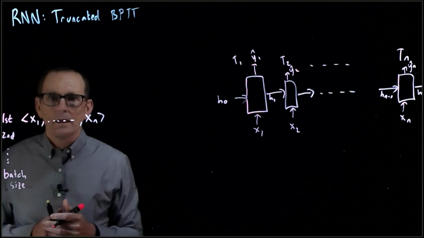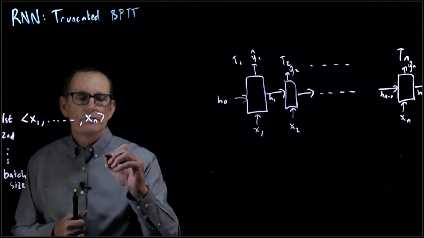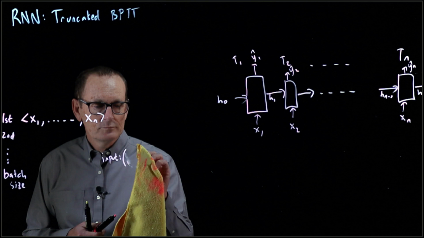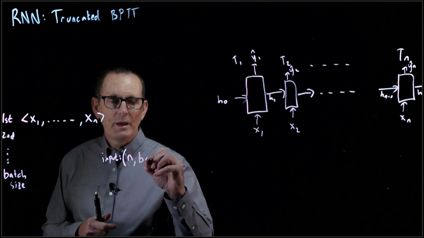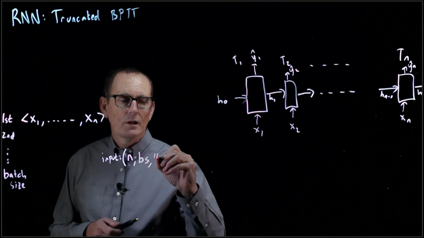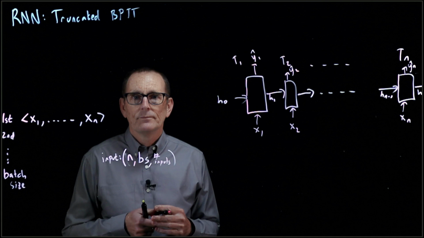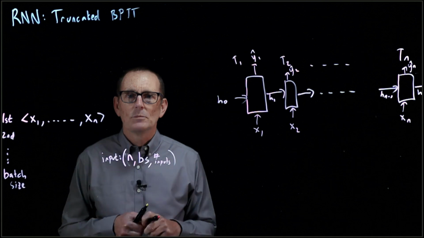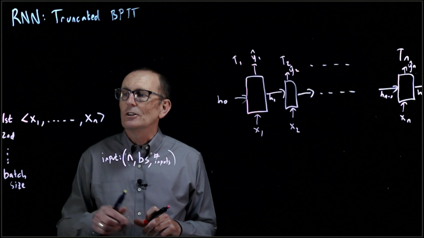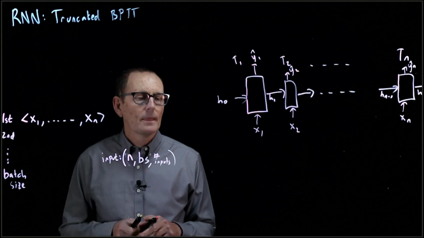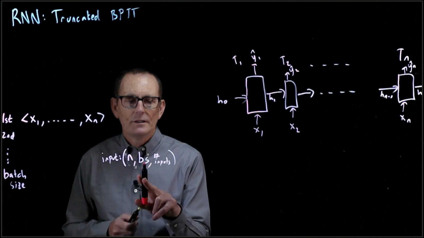The way this is done in PyTorch is that we will normally have our input be a tensor of shape n times batch size times, we'll call it, the number of inputs. However many elements are in each x. Often it can be one, sometimes more than one. Again, if you have three sensor readings, then you're going to have 3 values at every time step. So the input normally has the sequence length first, then the batch size, then however many inputs we have.